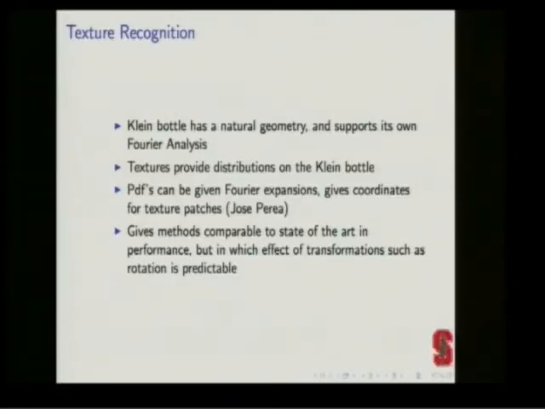Well, what happens here is you'll change the coordinates in a very predictable way. And so it's very encouraging that, on the one hand, you're performing as well as methods that are based on what I would call finite dictionaries, that is a finite list of patches. Whereas we've got our infinite Klein bottle's worth of patches as our dictionary, we're getting the same performance as the state-of-the-art, but with this additional property that you can understand the behavior of transformations.